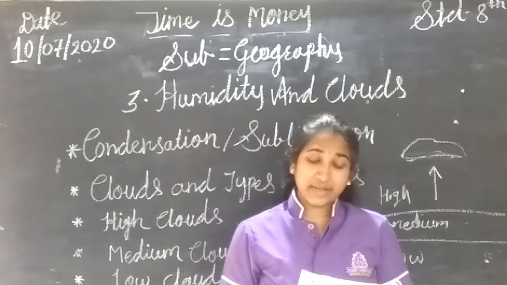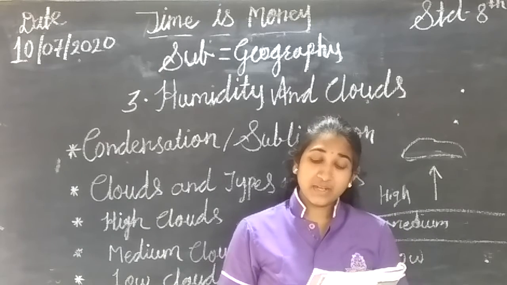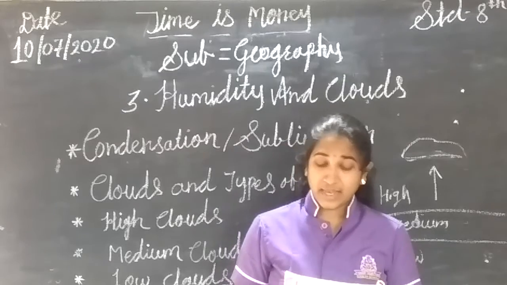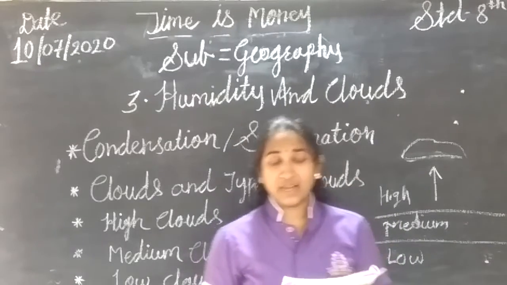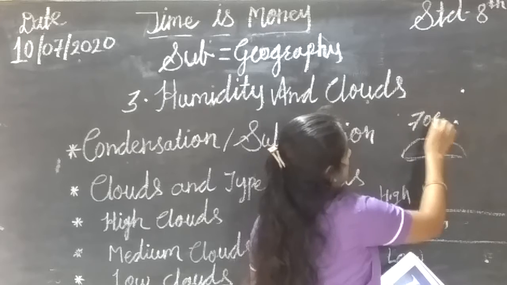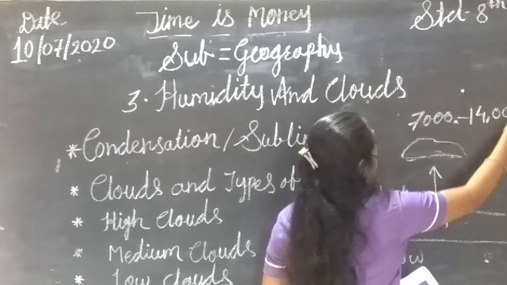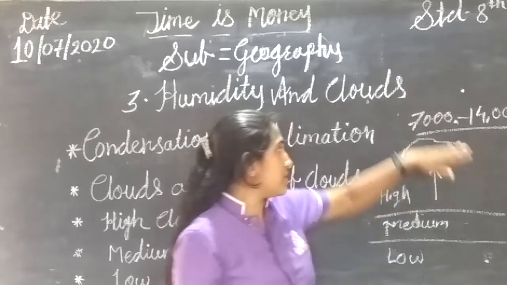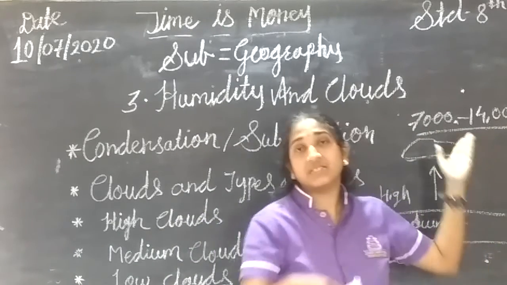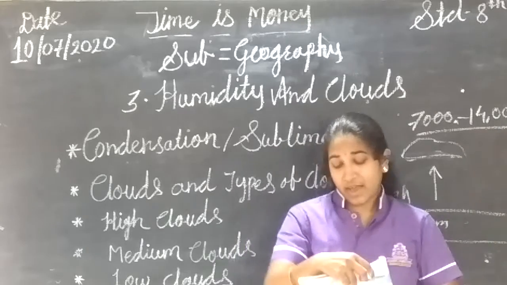If the clouds are at an altitude of 7,000 to 14,000 meters, then they are considered very high clouds. See, there are ranges given. The first range is 7,000 to 14,000 meters, and then they are considered high clouds.